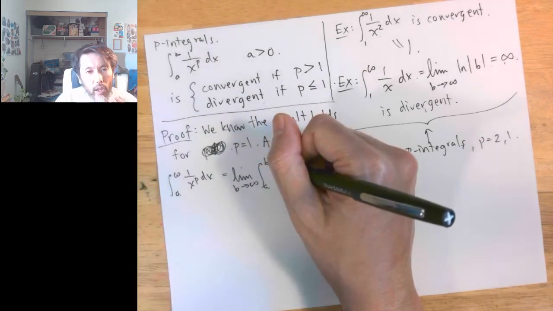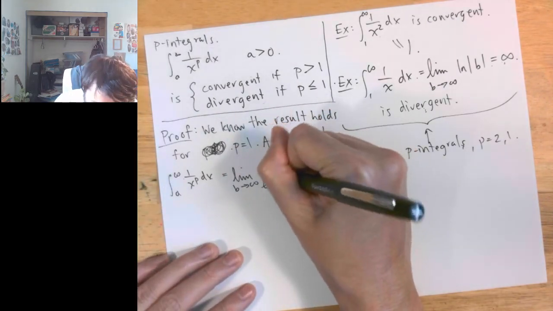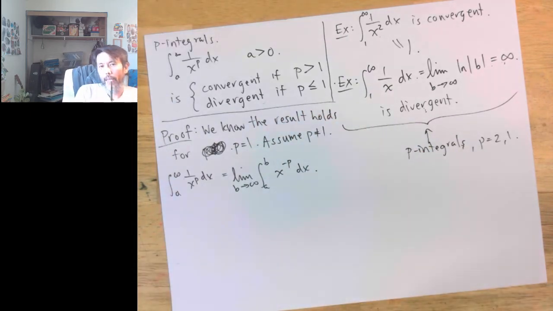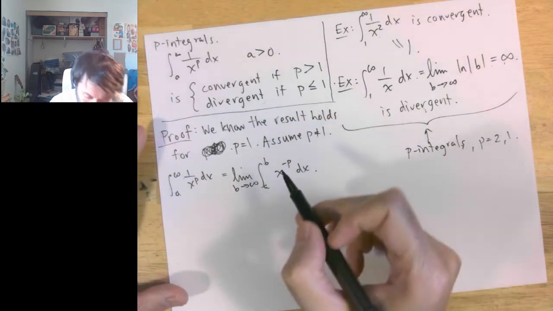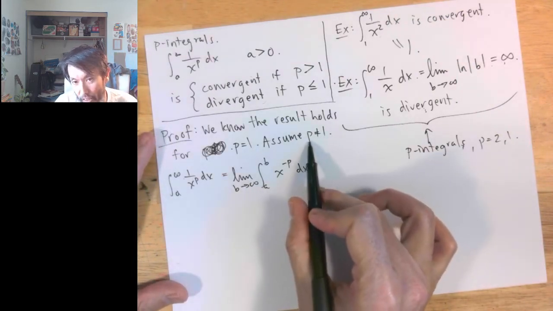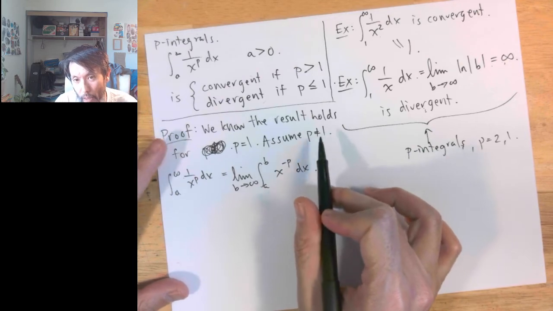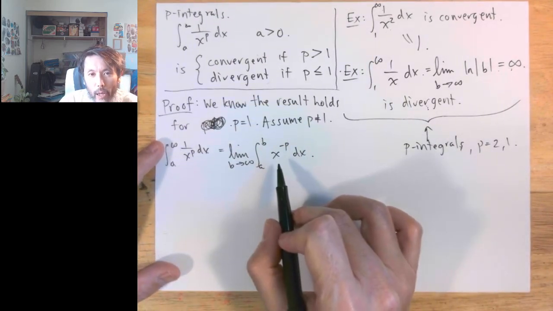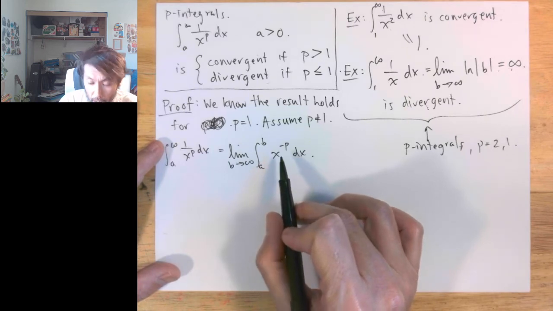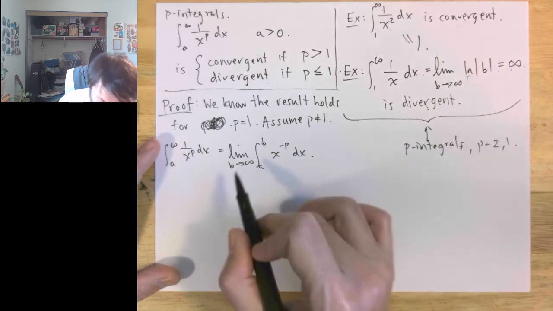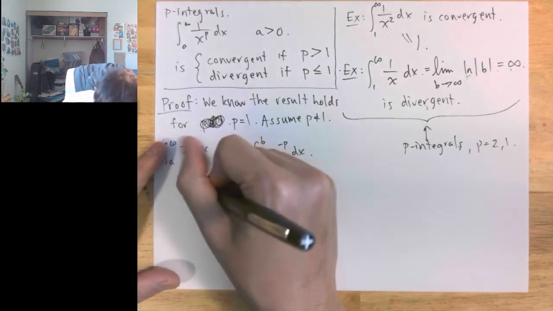And 1 over x to the p is x to the negative p power. The great thing about p not being 1 is that we can use the power rule on this integral. If p was equal to 1, we'd have to deal with the natural log. But because we can make this assumption, we're just going to use a straightforward power rule.